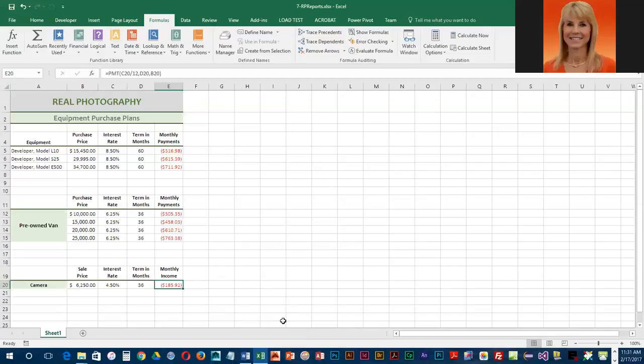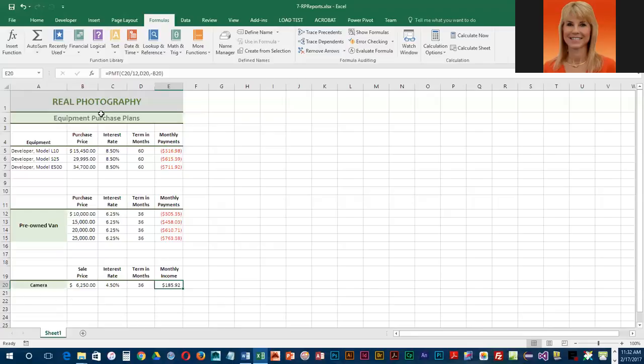Now, they would like us to adjust this just a little bit. And they want to put a minus sign in front of B20, because the owner is actually selling the camera and not buying it. Okay, so if we put a minus in front of B20 and press enter, that changes this so that now it is actually income and not an expenditure.